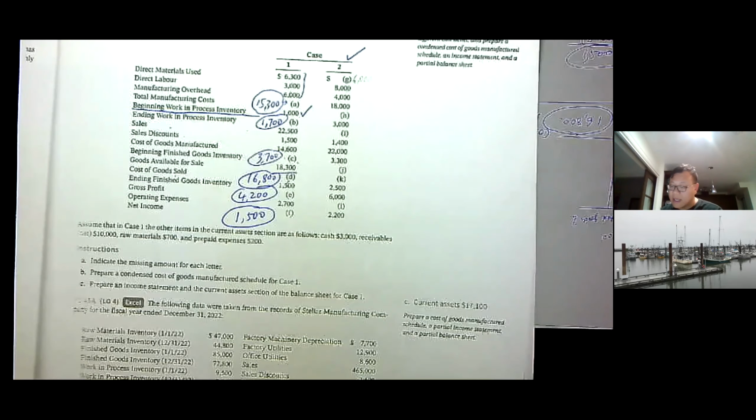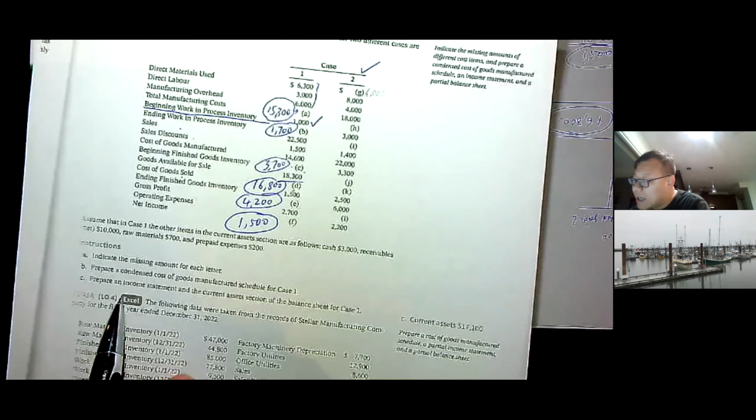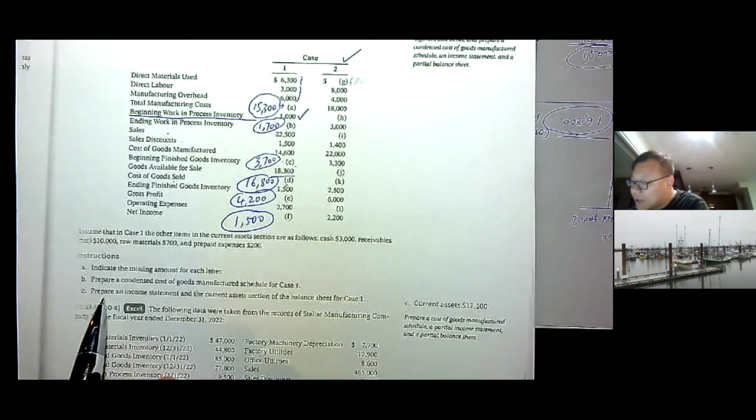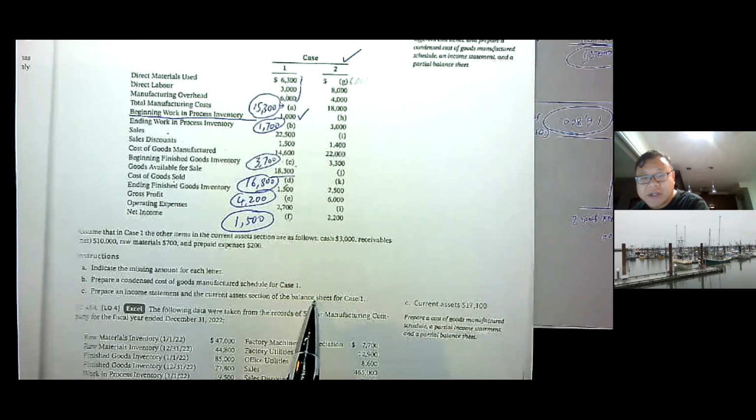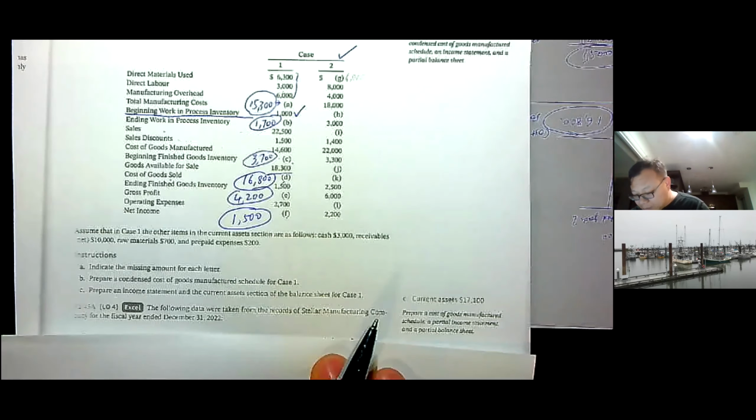Okay, and then C, prepare an income statement and the current asset section of the balance sheet for case one. So let's prepare an income statement.